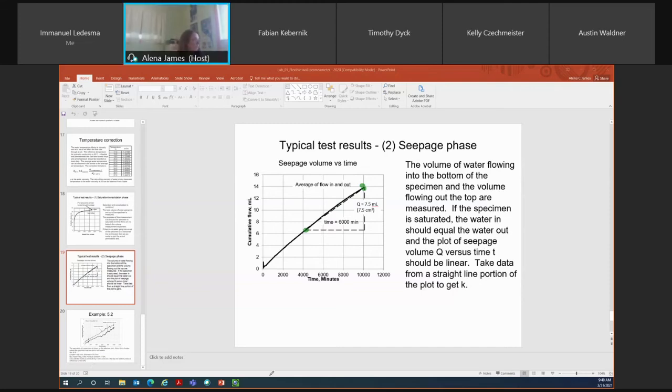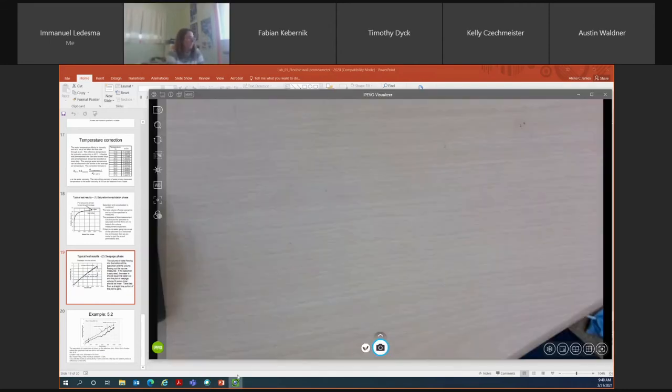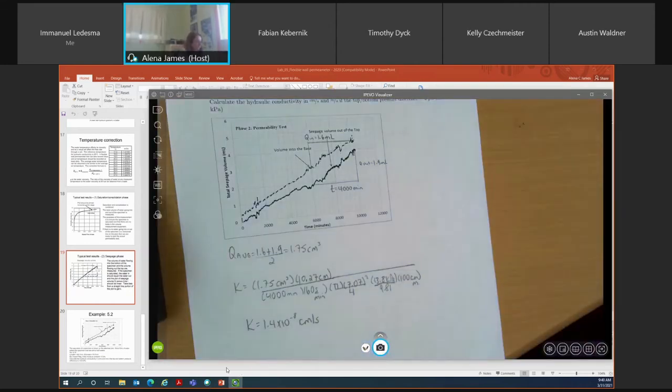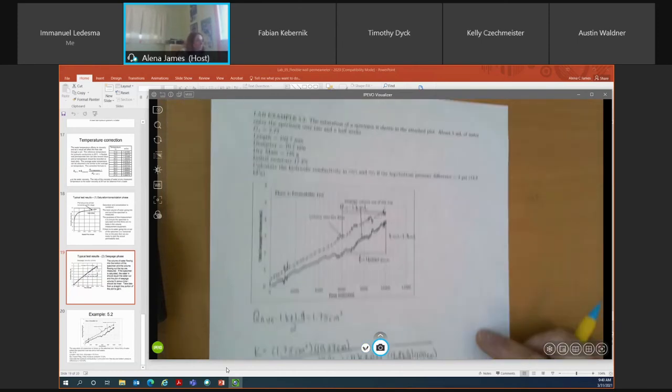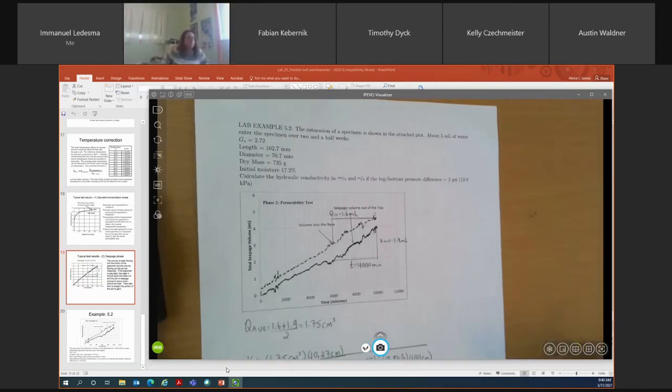No questions. Okay. Is everyone okay if I go over this example problem here? Okay, go for it. Perfect.